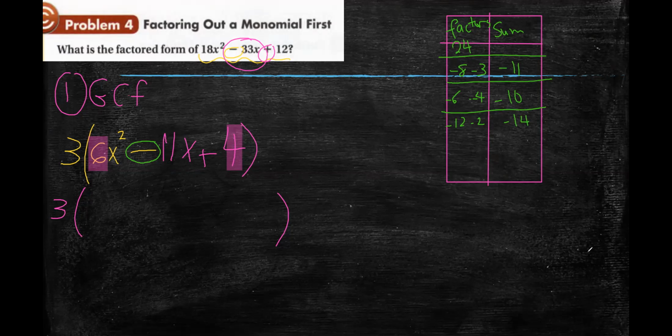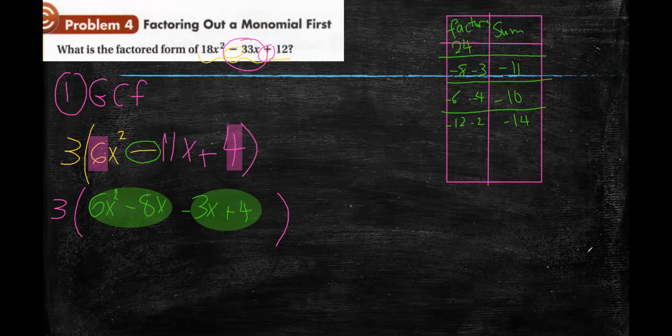So now, let's rewrite it as 6x squared. Now, instead of writing negative 11x, let's write it as negative 8x, negative 3x plus 4. Then after that, I want you to rewrite it as two brackets.